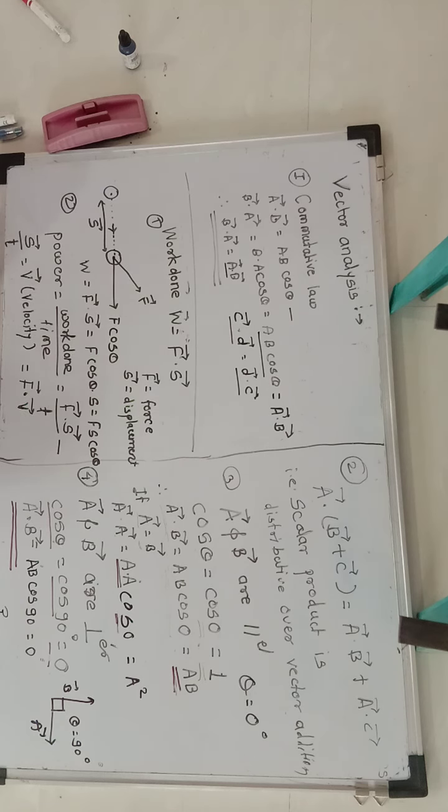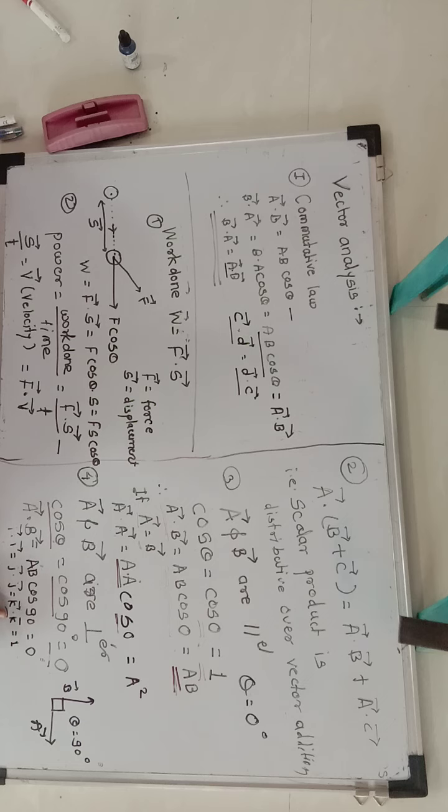As for the scalar product of a unit vector with itself, we can write i bar dot i bar is equal to j bar dot j bar is equal to k bar dot k bar is equal to 1.